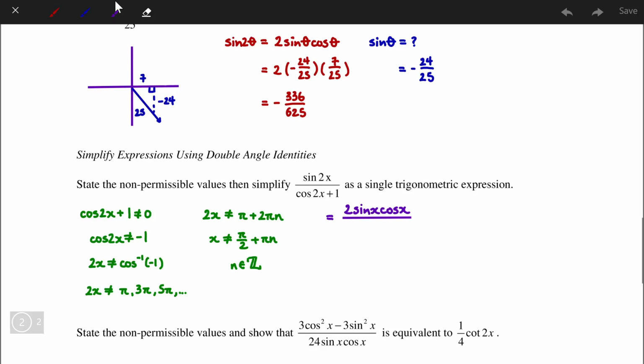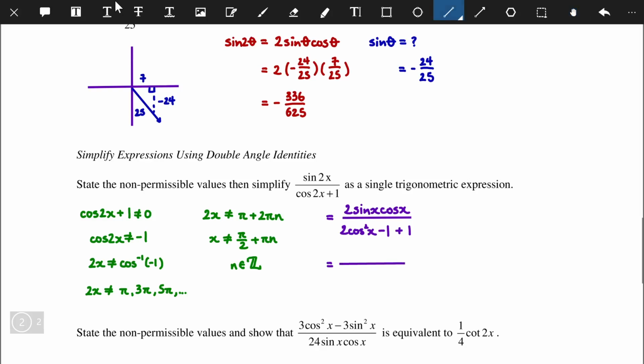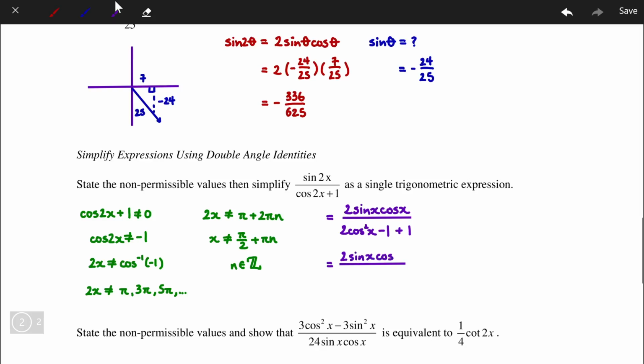So we're going to go ahead and rewrite cosine 2x as 2 cosine squared x minus 1. And then this plus 1 comes from the original expression. So once we combine the like terms in the denominator, we are going to get just 2 sine x cosine x in the numerator. And the denominator is going to be just 2 cosine squared x.